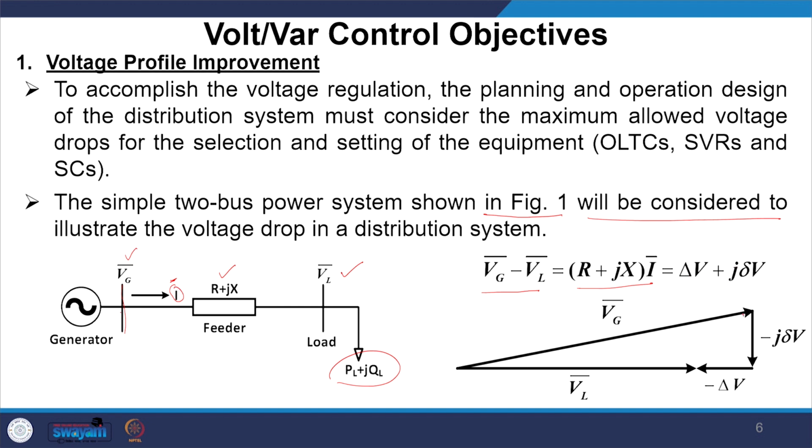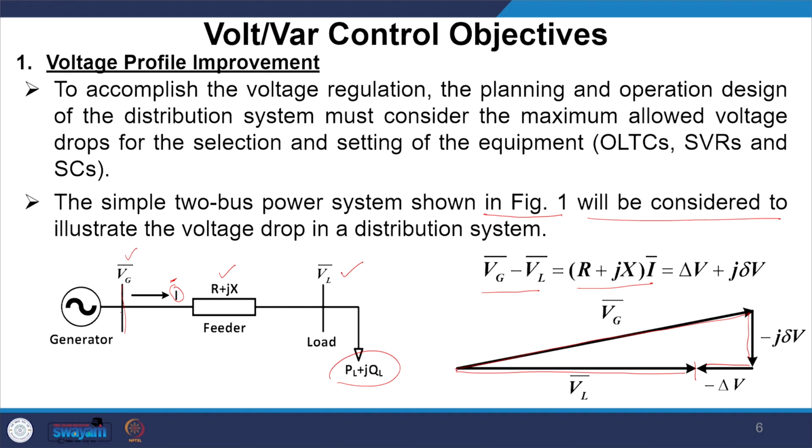Now, if you represent the vector diagram, I can easily do it this way. This is my generation voltage Vg. There is a drop, reactive component. There is a drop, resistive component, and finally I land up with VL.